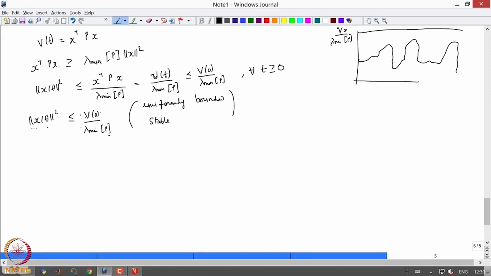Okay. Now, next step is to show whether this is also asymptotically or exponentially stable. Okay. Now, let's do this thing.